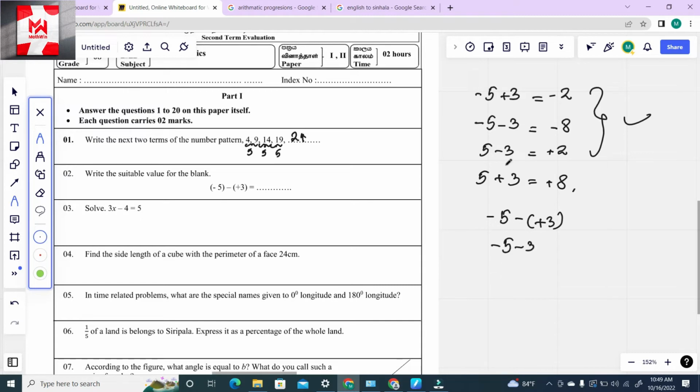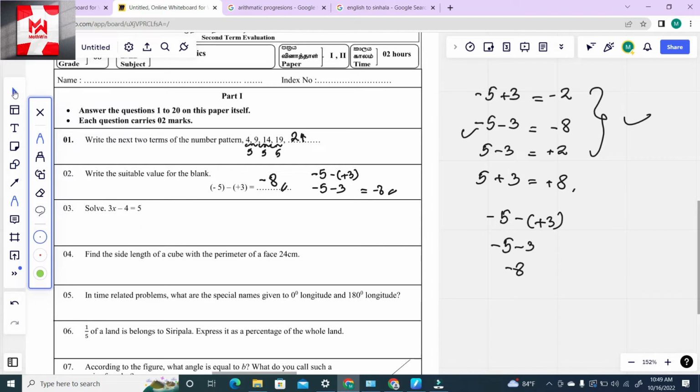Now minus 5 minus 3 is minus 8. Therefore the answer of the second question is minus 8.